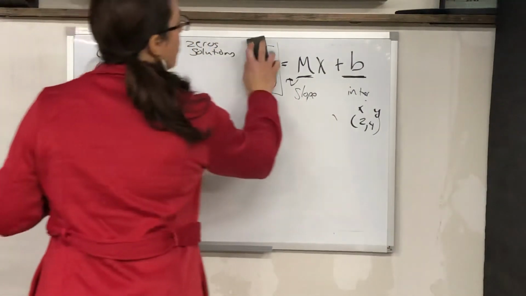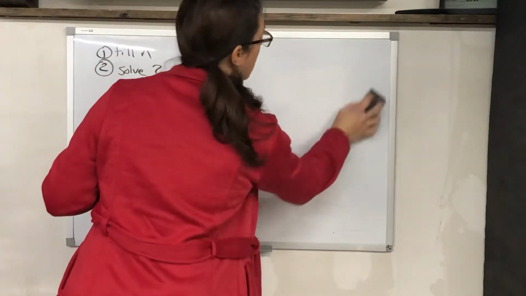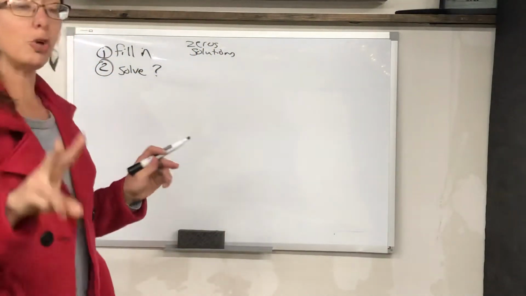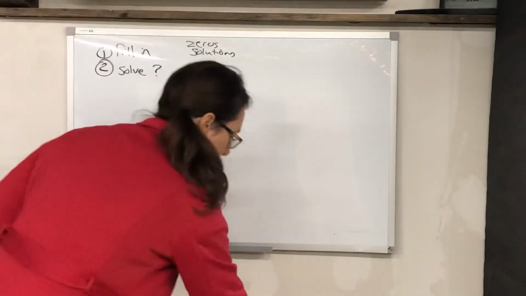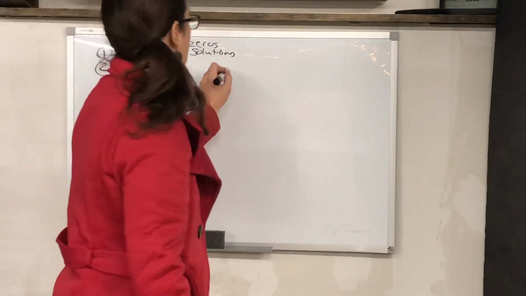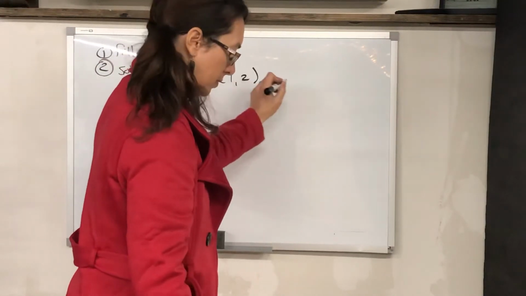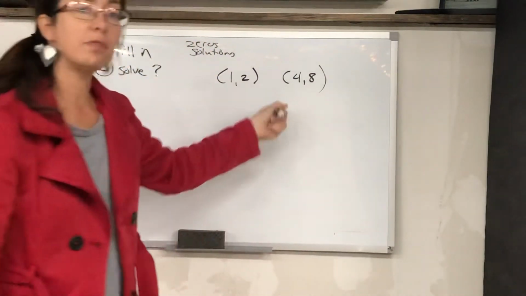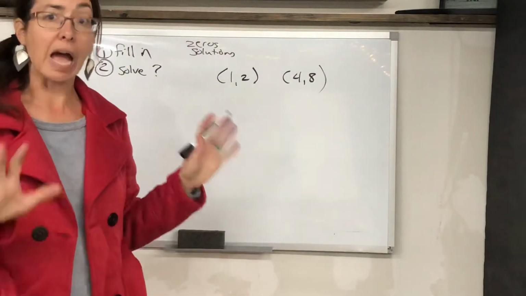Now, where do you go when all they do is give you 2 points? Okay? So if you've only been given 2 points, for example, 1, 2, and 4, 8, and they say, give me the equation of that line.